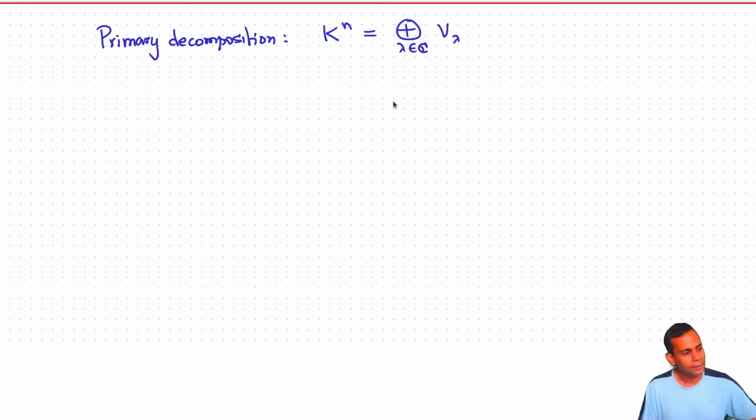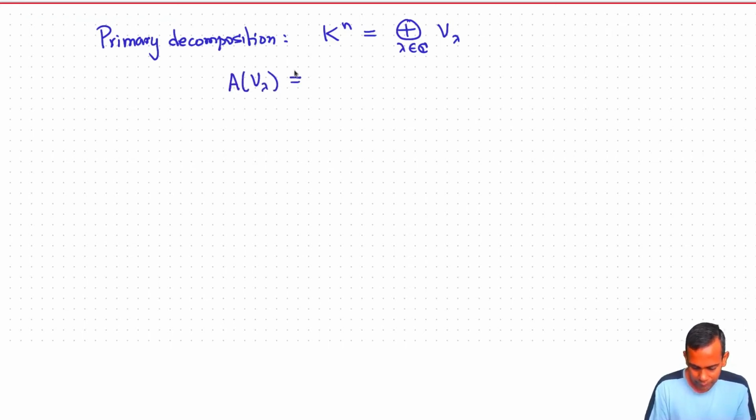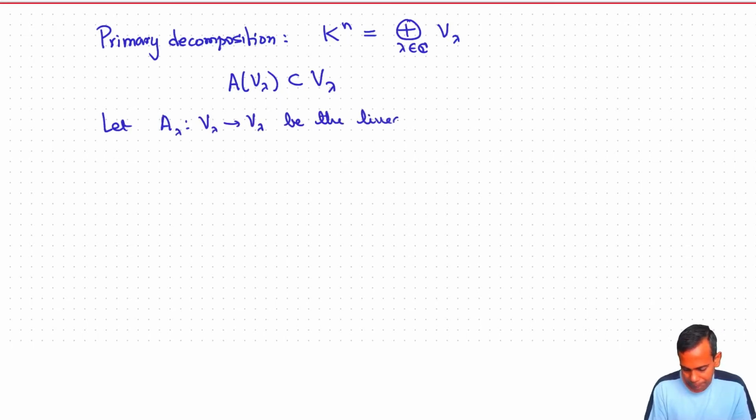And now A takes V_lambda into V_lambda. Well, it may not be all of V_lambda, well, it usually is, but A takes V_lambda into V_lambda. We know that because V_lambda is actually a submodule of M. And so let A_lambda from V_lambda to V_lambda be the linear map obtained by restricting A to V_lambda.